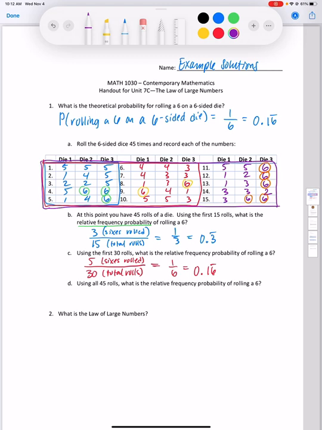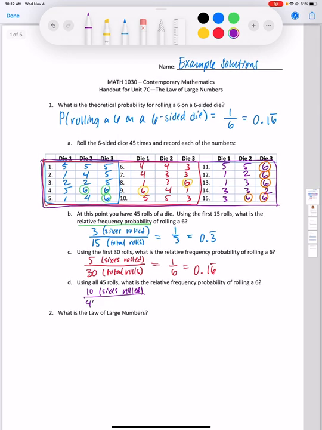Okay, so how many total 6s were rolled out of the 45? We have 1, 2, 3 green, 4, 5, 6, 7, 8, 9, 10. We have 10 6s rolled out of 45 total rolls. That's equal to, if we divide the numerator and denominator by 5, 2 out of 9, which is equal to 0.2 repeating.